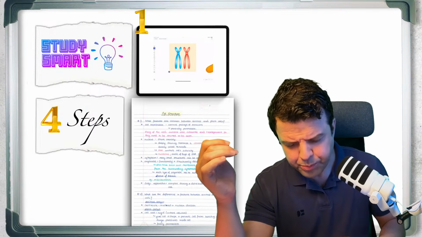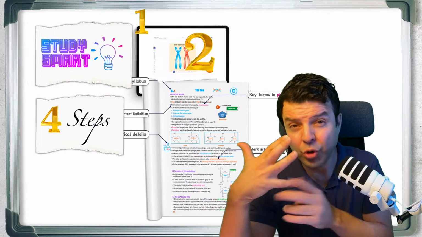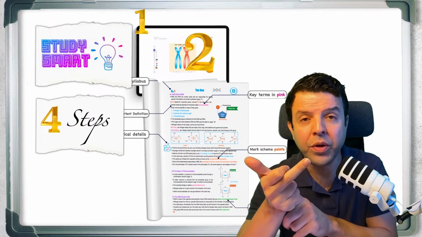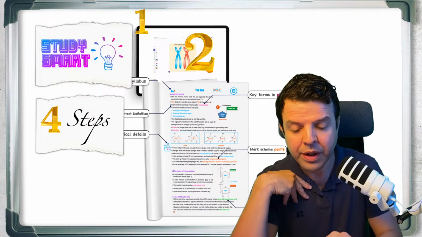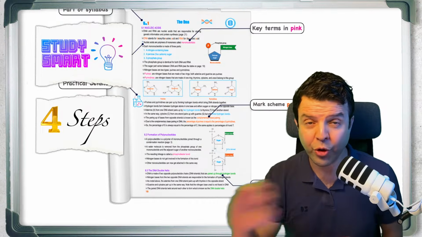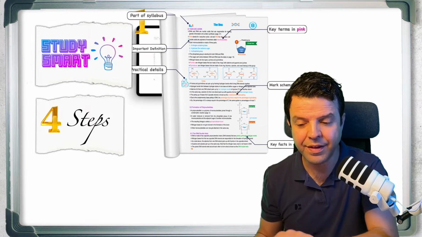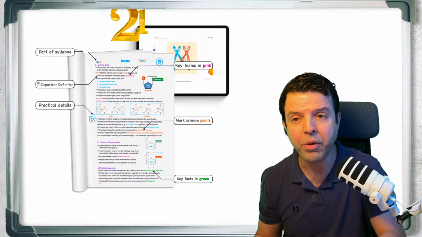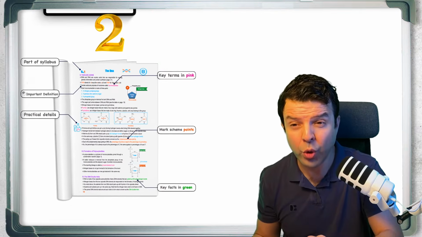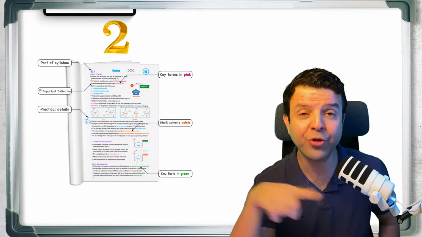So either get your teacher's notes or anyone's notes that you can rely on and go over the notes. Underline, circle, write on the margins the things that you need to remember. With the notes there, you have managed to boost that 50% you've learned during the lesson.